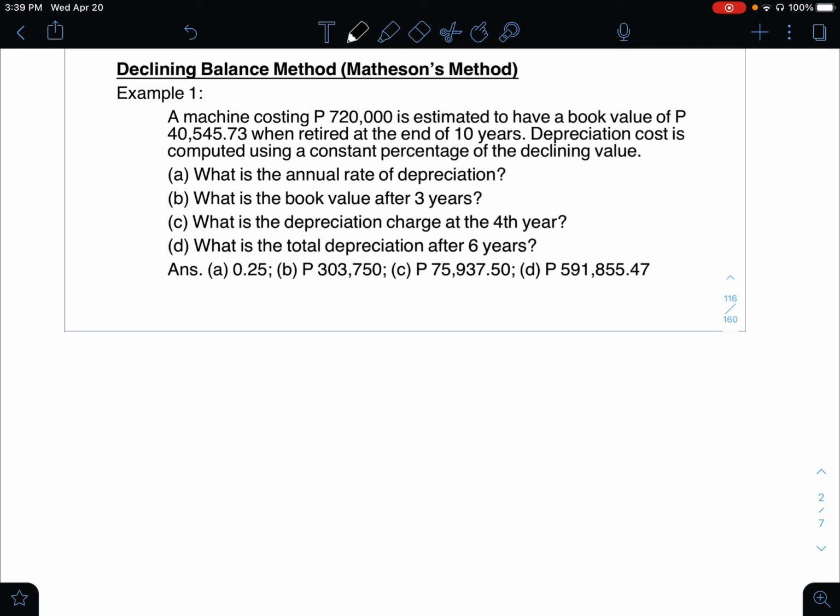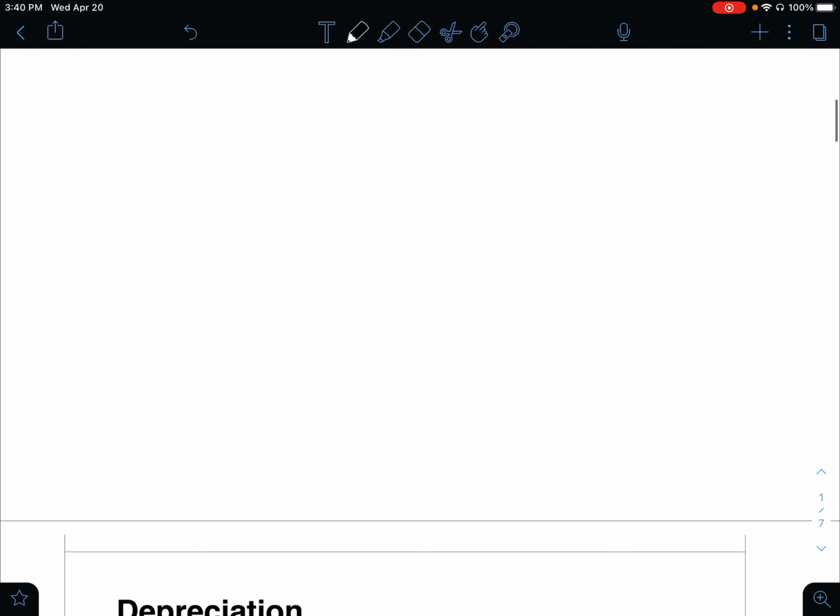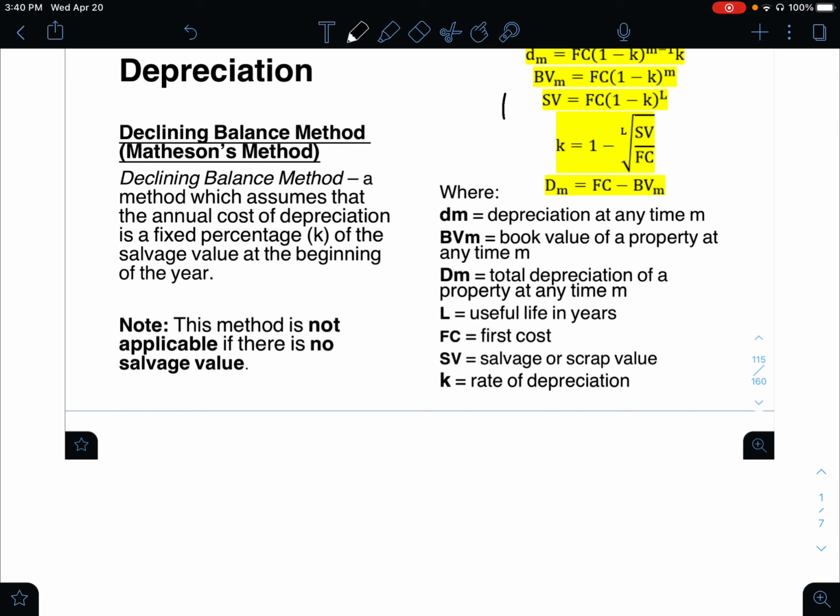So, para dali na to siya solve, di ba formula-based man tanan sila depreciation, no? So, kay declining balance, to get the annual depreciation rate, that's our K, no? Kita na to is si K ang atong annual rate of depreciation.